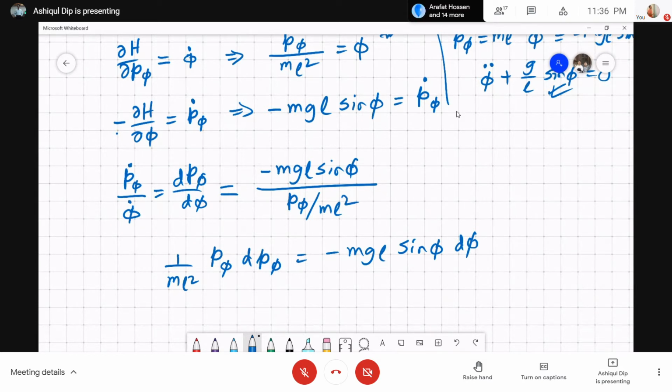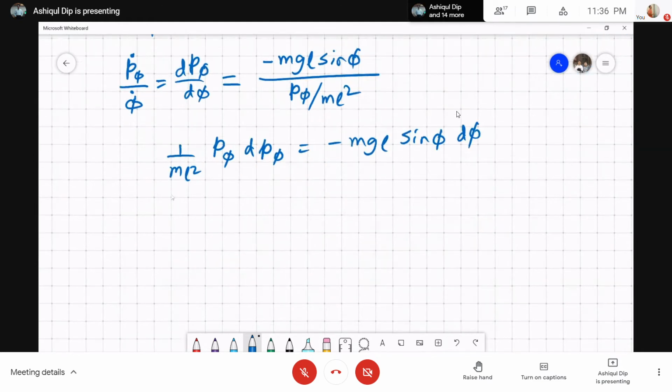So integrating, we get 1 over twice m l squared p phi squared on one side, and on the other side, if you integrate sine phi, you get a negative cosine phi. So it gives you mgl cosine phi plus an integral constant.